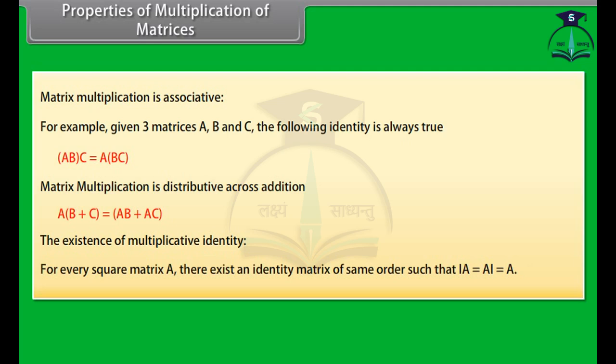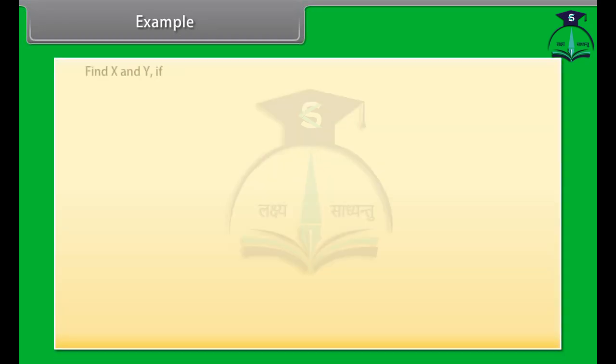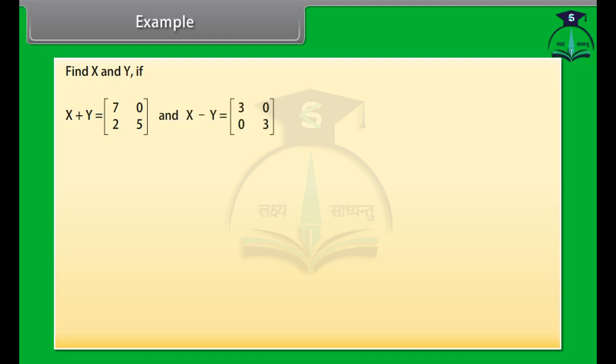Example: find X and Y if X plus Y is equal to the matrix, row-wise, first row 7 0, second row 2 5, and X minus Y is equal to the matrix, row-wise, first row 3 0, second row 0 3.